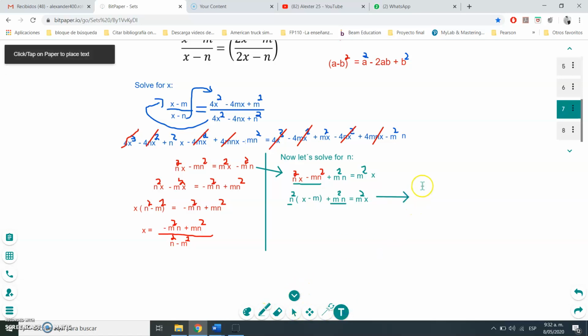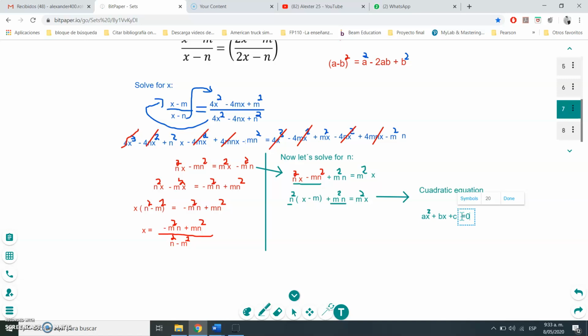So what is a quadratic equation? You remember that? A quadratic equation is the one that has this form: ax squared plus bx plus c equals 0. So we have a term that has the variable to the power of 2.